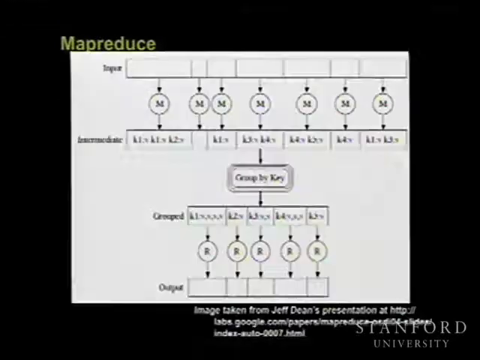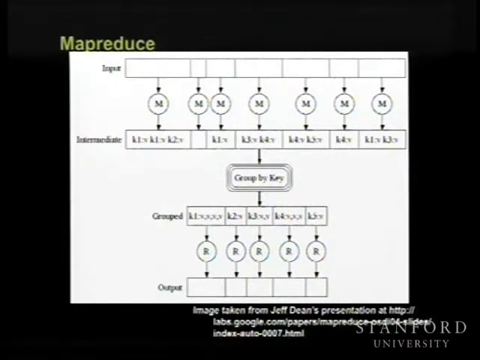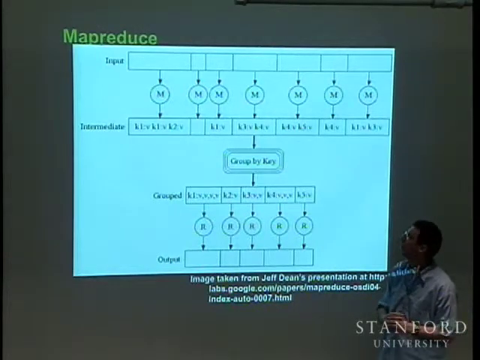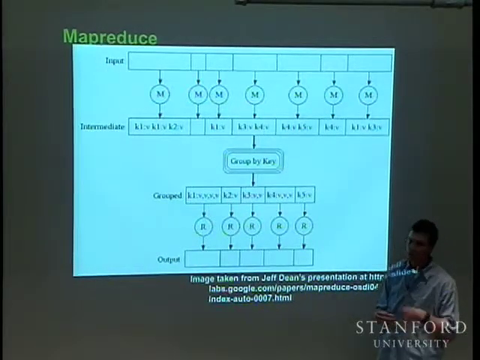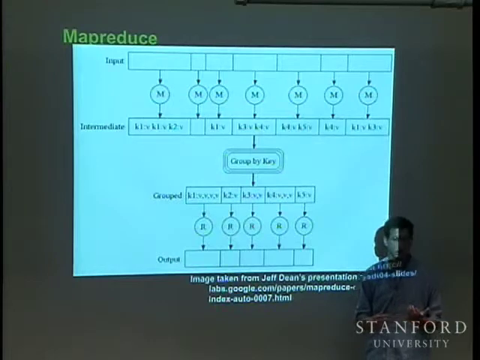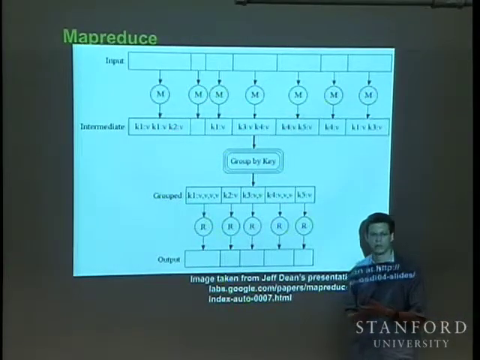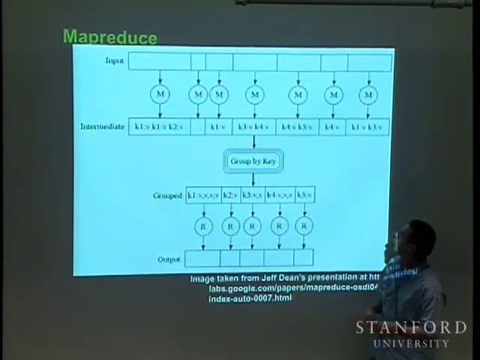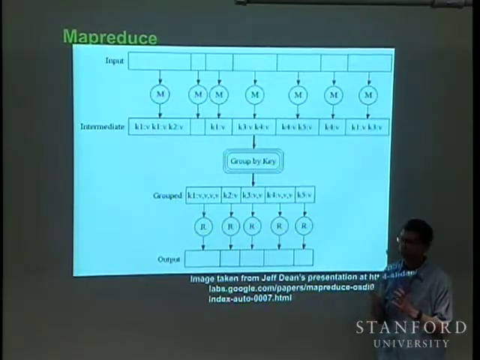So this illustration, which I've stolen from the original presentation of that paper, shows this. You have some input, again, very similar to CUDA. You apply the map function, which takes your user-supplied function, and each instance of that map function outputs a key and a value, or sometimes multiple, but always these pairs.